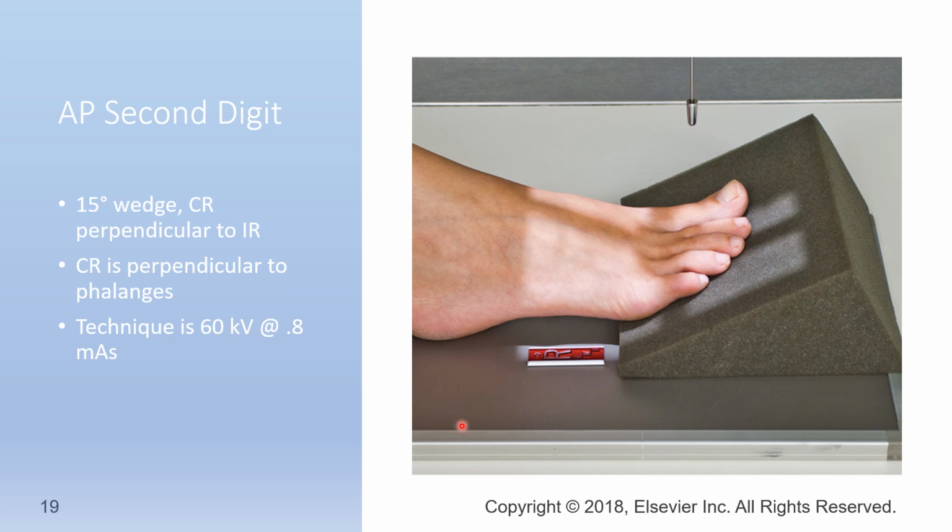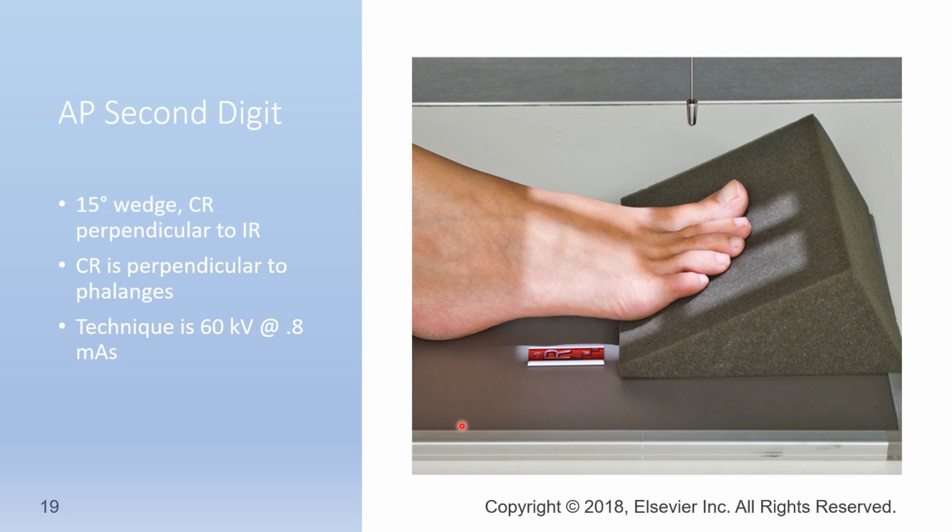So this is on page 228, and you're either using the sponge with no angle to your central ray, or more likely you're not going to use any form of a sponge because it can cast artifact. You're going to angle 10 to 15 degrees towards the calcaneus, and your central ray is to the metatarsophalangeal joint in question.